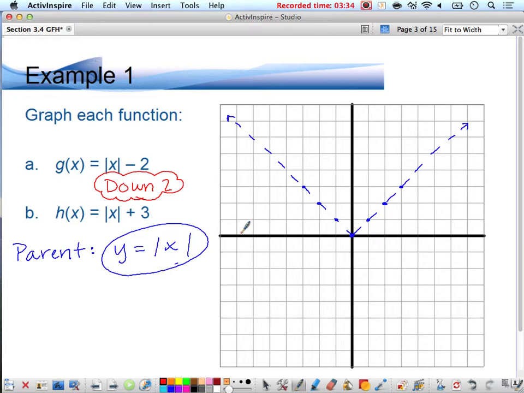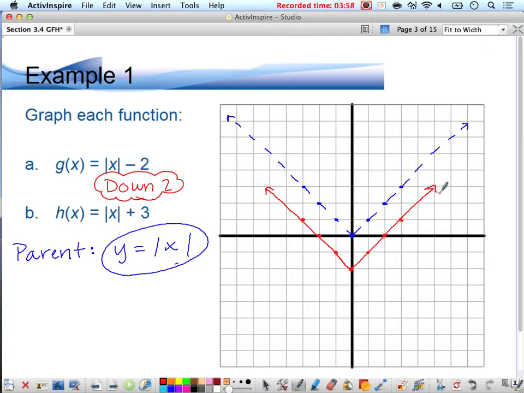That's how we graph the absolute value of x minus 2. So this point drops down 2, down 2, down 2, and finally down 2. There is the graph of y equals the absolute value of x minus 2.